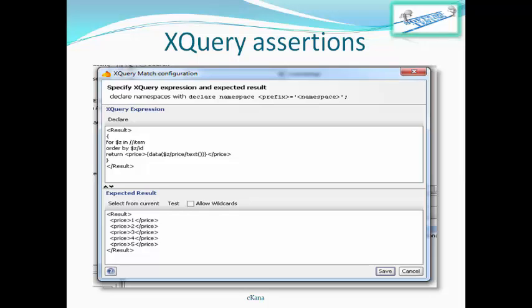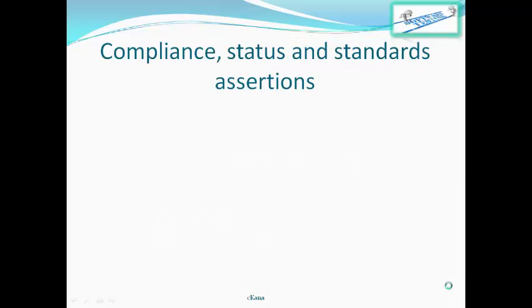This selects all the items and orders them by the ID, and then just extracts the price into a temporary XML result. Then after that, when we press the select from current, it gives the response. As you can see, in the result node, it gives the price list of all the 5 items in order. So this is how it works, and then we press save and then we run it. So this is how it works.